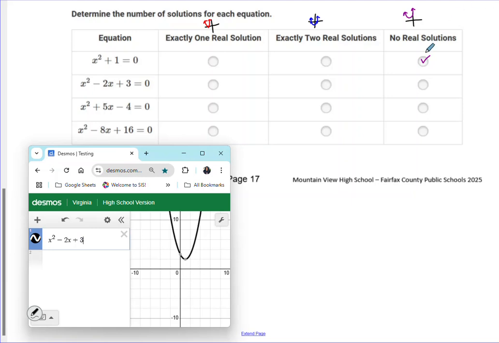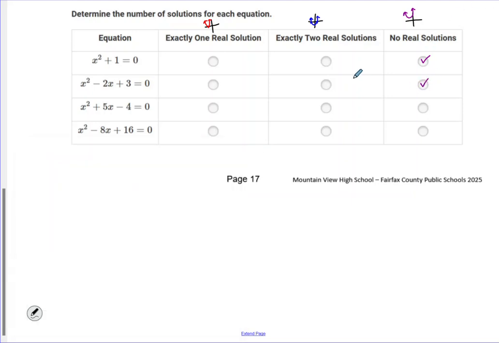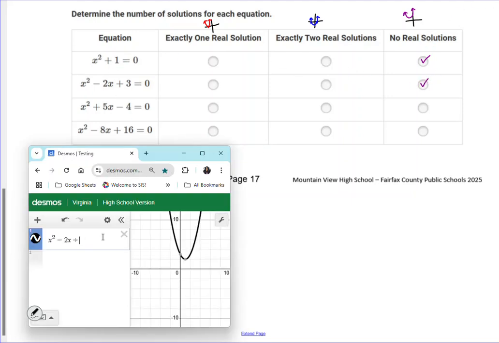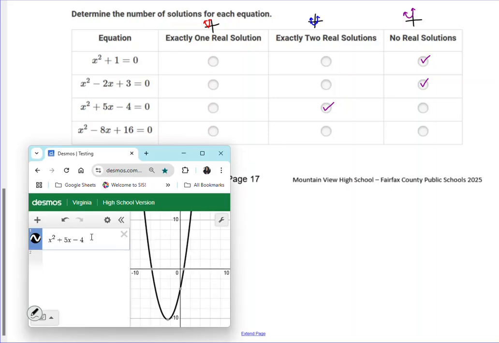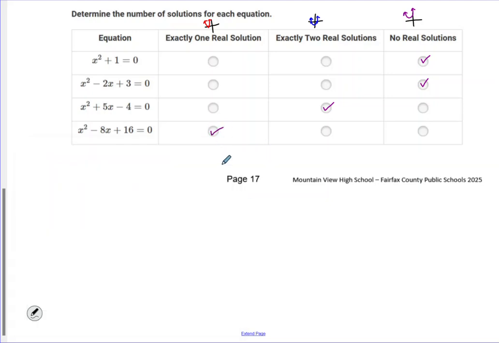Again, no real solutions for this. Look, this has two solutions. Okay, not the y, only the x-intercept. This has two solutions. And the last one has one real solution. Okay.